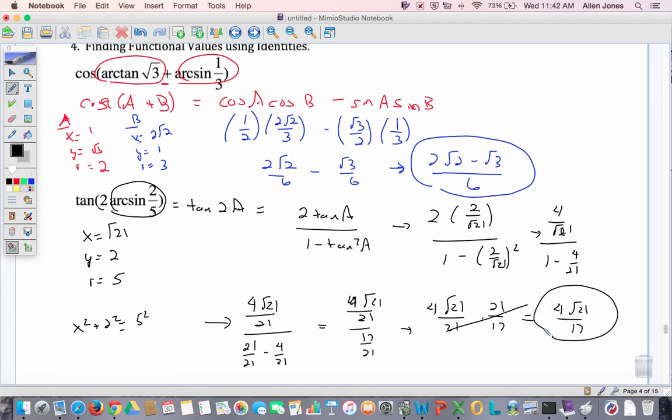I'm dividing fractions, so 4 square root of 21 over 21 times 21 over 17. The 21s cancel, and we have 4 square root of 21 over 17. Okay, so we have some work to do there with simplifying those expressions, but that is a quick look at the first section in chapter 6.